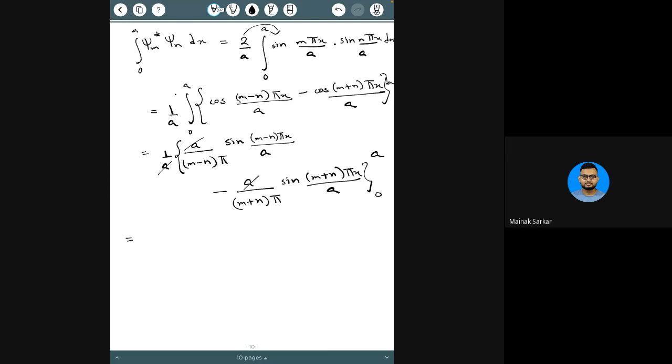So I get, and I can take pi common, then I have 1 by m minus n sine m minus n pi, then I have minus sine m plus n pi, 1 by m plus n. And if I put x equal to 0, they just become 0. I don't need to write that.